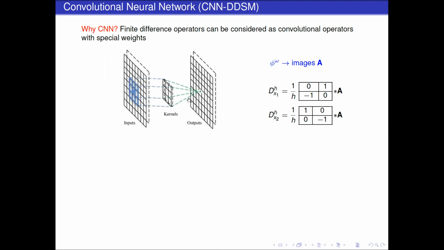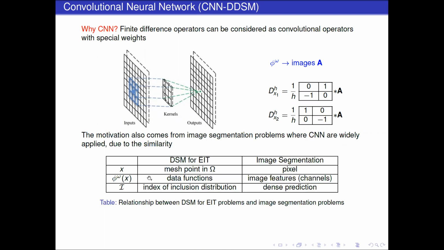And if we make those parameters free, to be learnable, determined by data, we expect this may give us a better operator with better approximation capability for this inverse problem. By doing that, we actually observe some very similar properties between our problem and the segmentation problem.